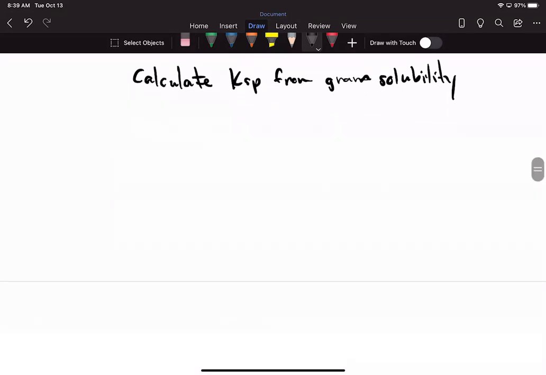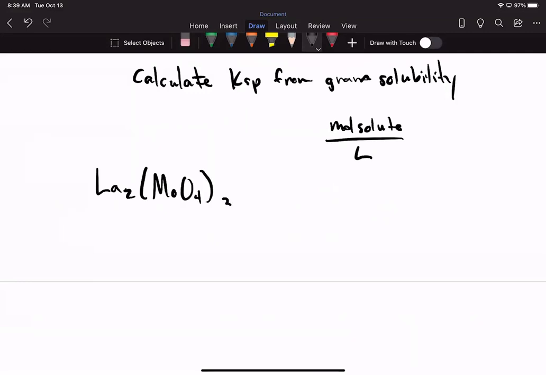So calculate KSP from gram solubility. When we take a look, we need to convert gram solubility into moles of solute per liter. So mole solubility is something like this. How about something like molybdenum, maybe some ones we've never worked with before.